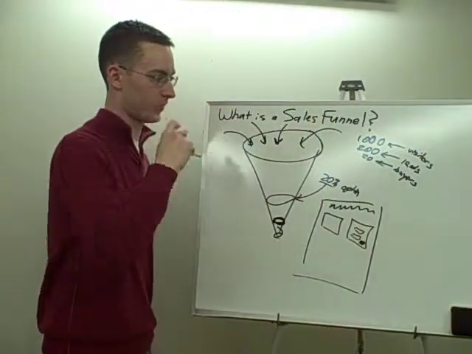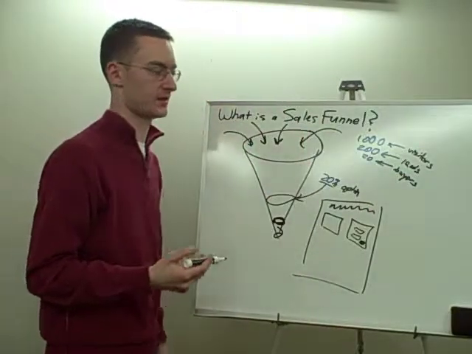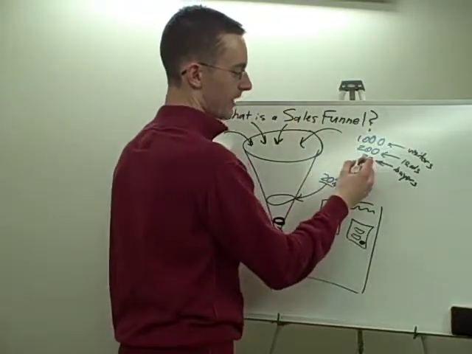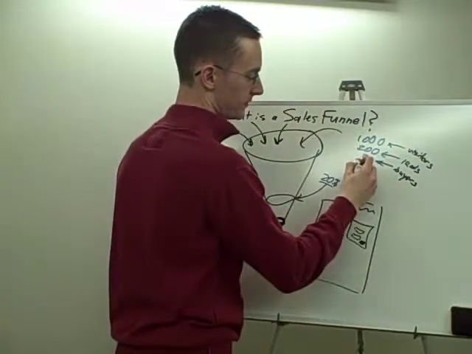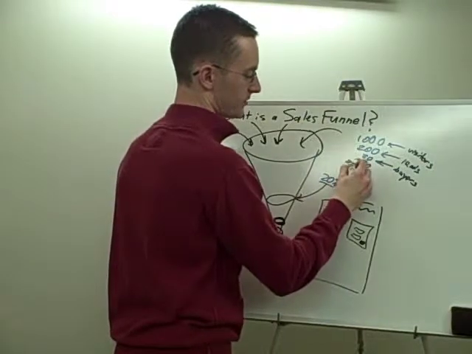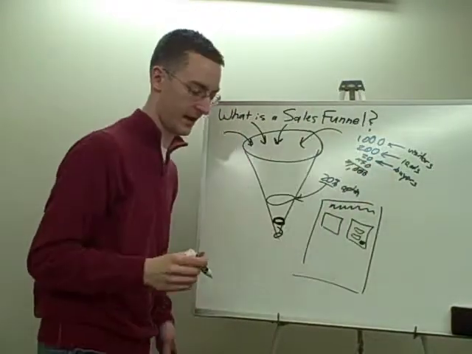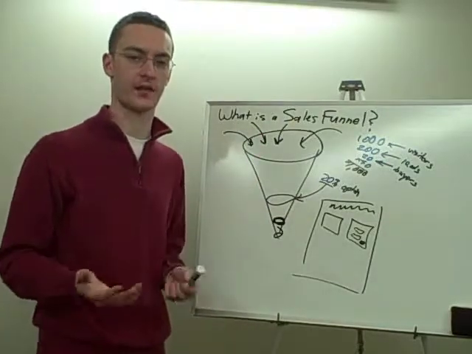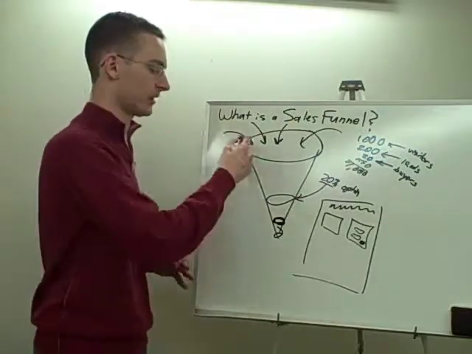Depending upon what you're offering is going to be whatever your commission per sale is. Let's just say it's a $50 commission: 20 buyers times 50 bucks, you made $1,000. So basically every single visitor that hits your site, you make $1 for. Again, that's just based off of those numbers. It's a hypothetical example. But this is really what a sales funnel is.